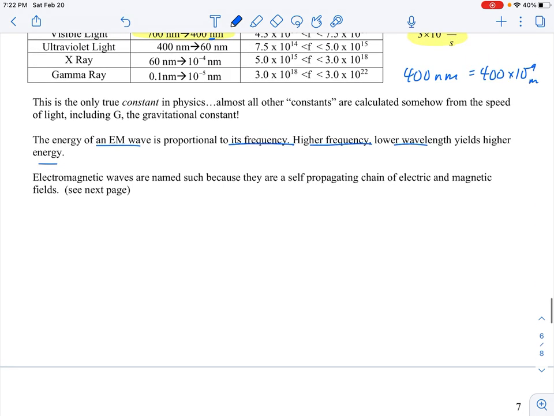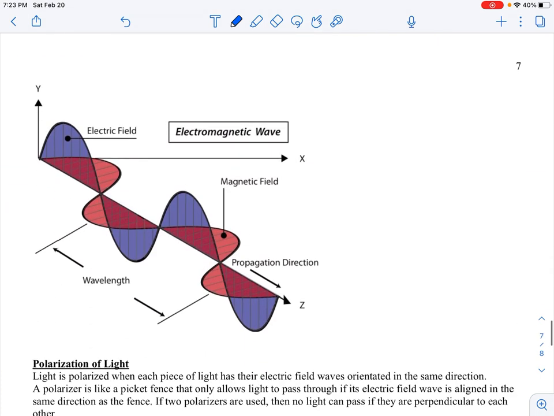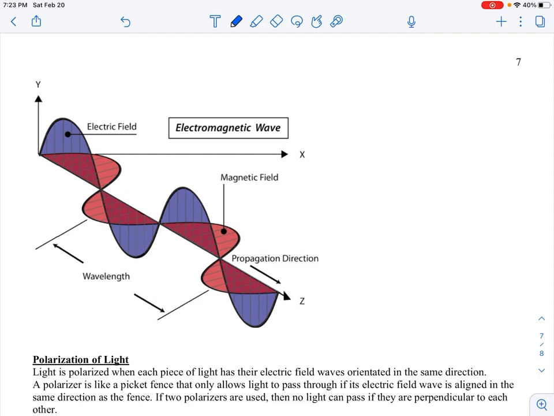Electromagnetic waves are named as such because they are a self-propagating chain of electric and magnetic fields. So here's a picture of that. You have electric and magnetic fields that are perpendicular to each other. And we've learned about how a moving electric charge can create a magnetic field, and a magnetic field can move an electric charge.